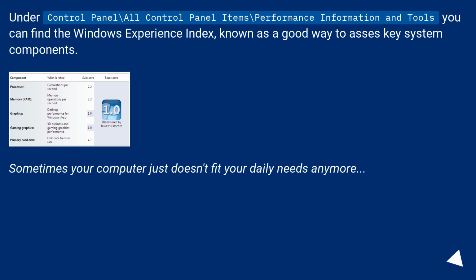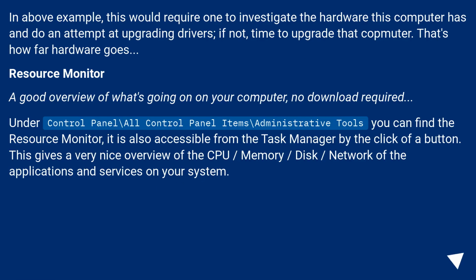Sometimes your computer just doesn't fit your daily needs anymore. In the above example, this would require one to investigate the hardware this computer has and make an attempt at upgrading drivers. If not, it's time to upgrade the computer. That's how far hardware goes.